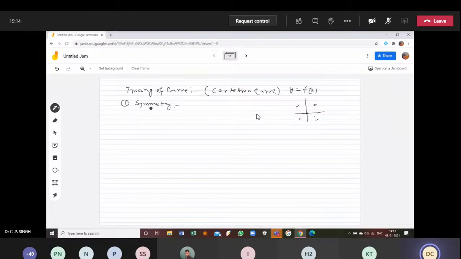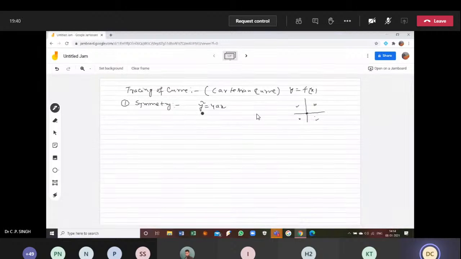So the first rule is: if only even powers of y occur in the equation of the curve y = f(x), then the curve is symmetrical about the x-axis. A very simple example, you know, y² = 4ax.